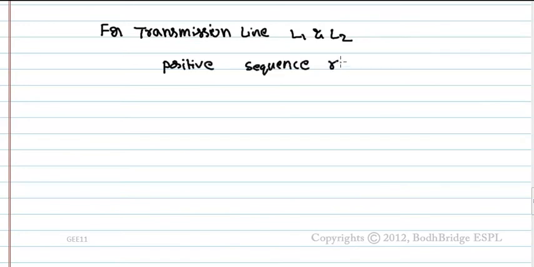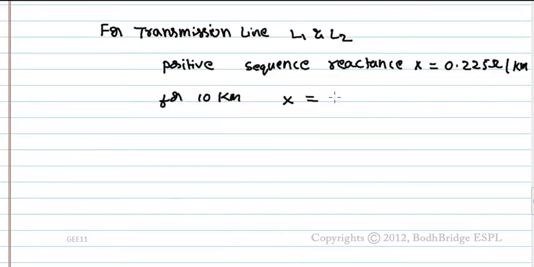For transmission line L1 and L2, positive sequence reactance X equals 0.225 ohm per kilometer. For 10 kilometers, X equals 2.25 ohm.